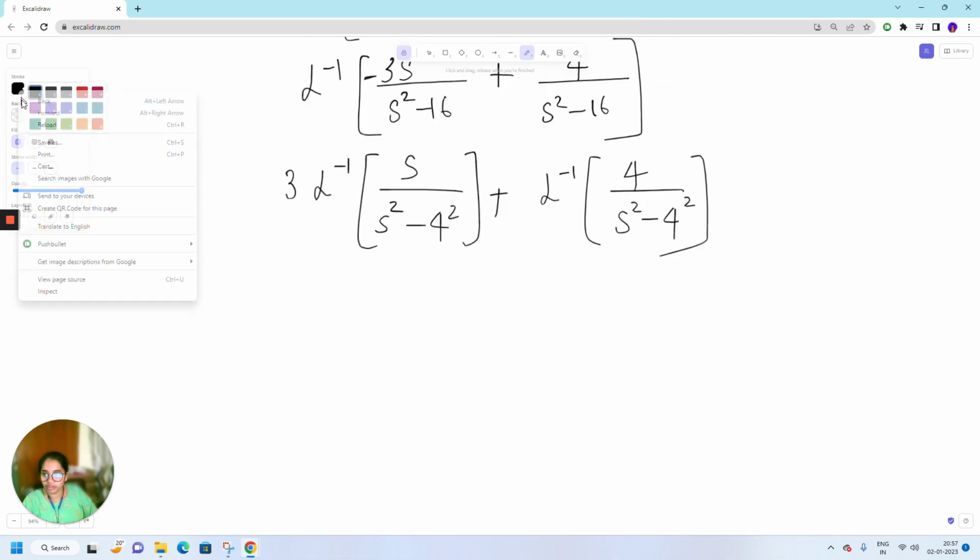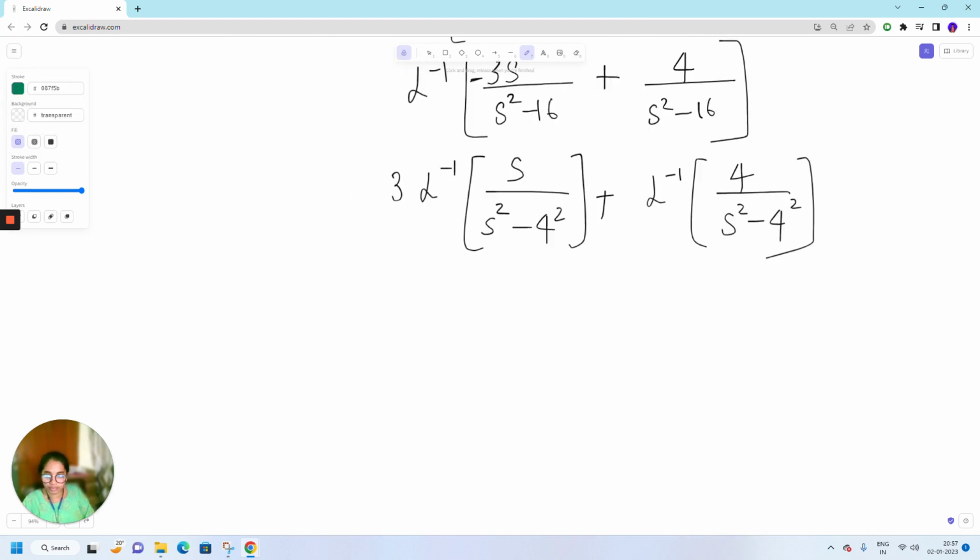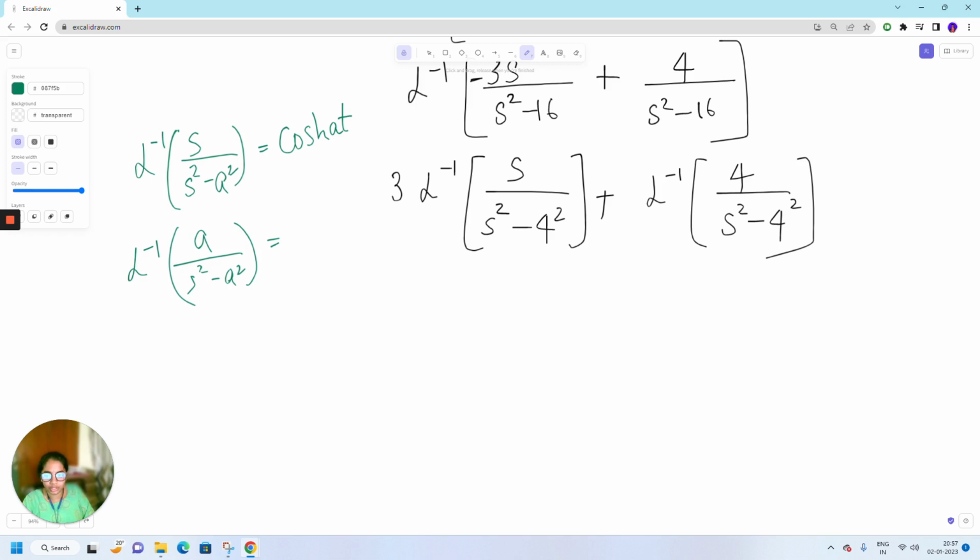Let me write down the formula. Laplace inverse of s divided by s square minus a square is cos hyperbolic at. And Laplace inverse of a divided by s square minus a square is equal to sine hyperbolic at. So let me substitute these here.